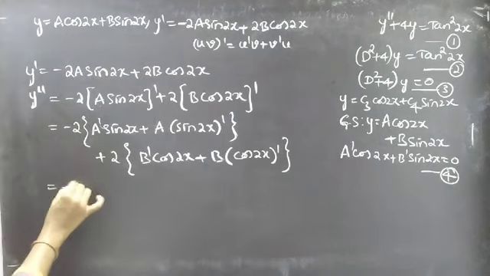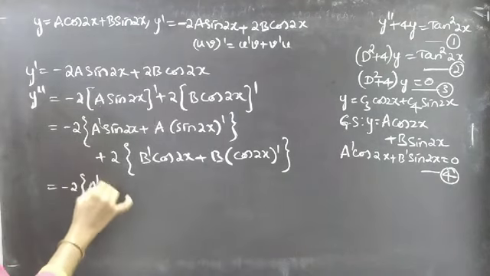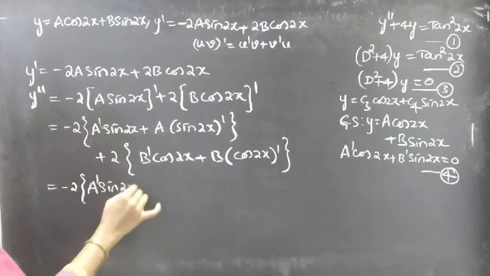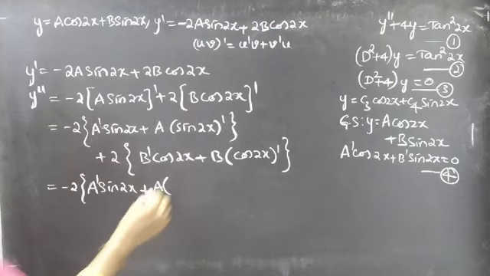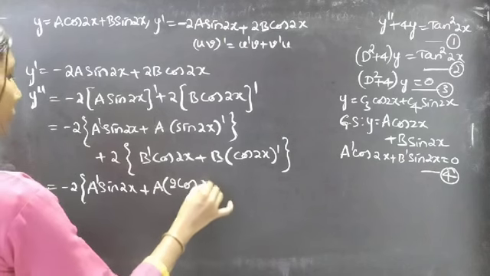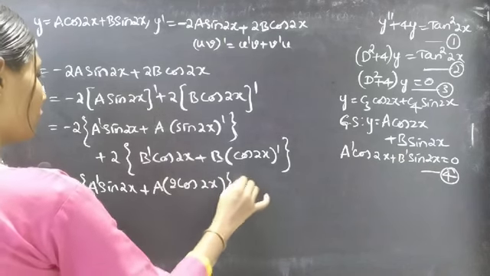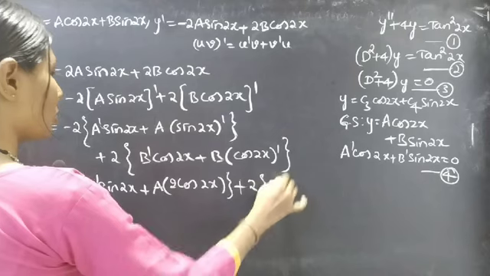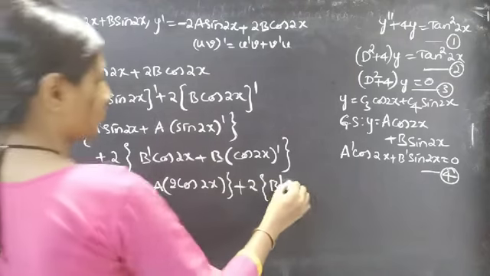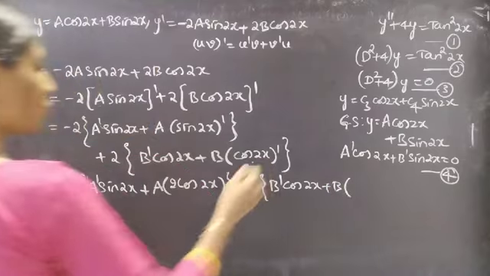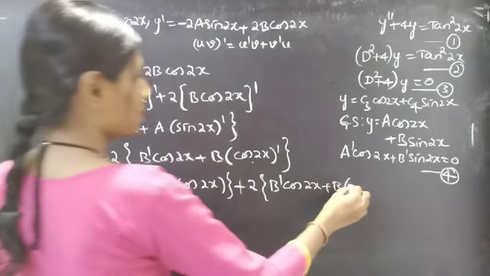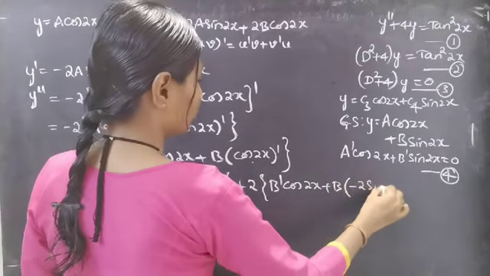This is equals to minus 2 into a' sin 2x plus a into derivative of sin 2x with respect to x, which is 2 cos 2x, plus 2 into b' cos 2x plus b into derivative of cos 2x with respect to x, which is minus 2 sin 2x.